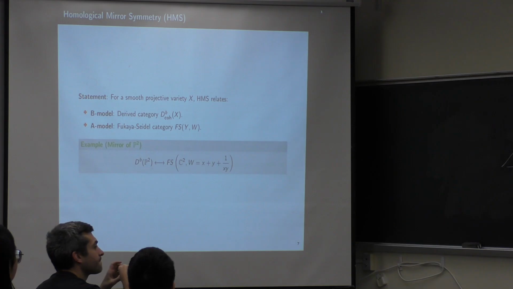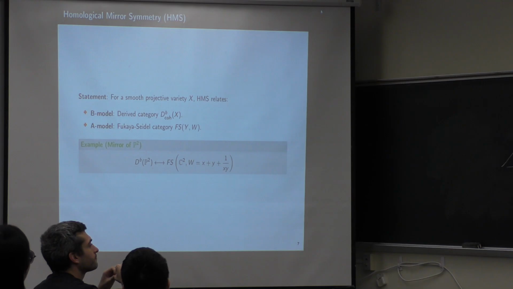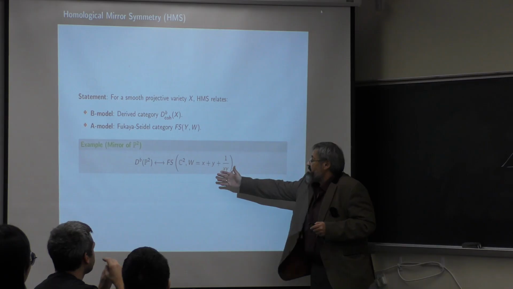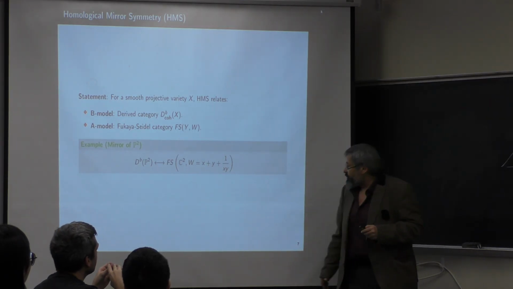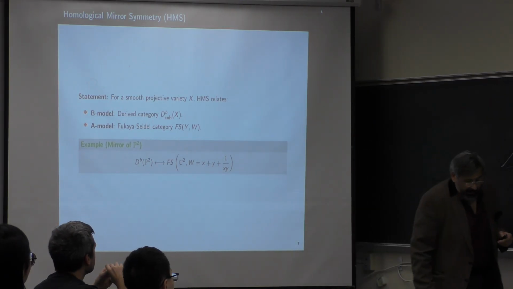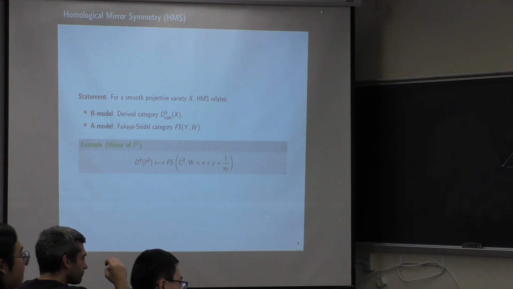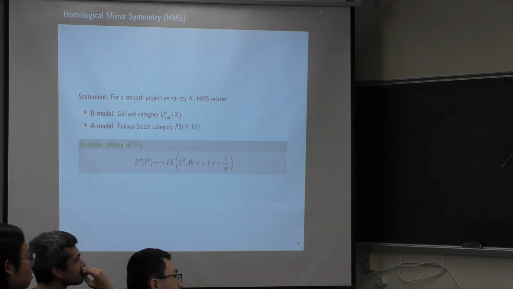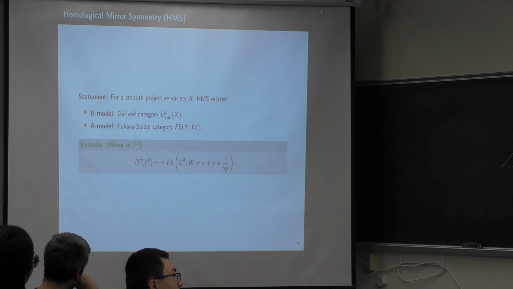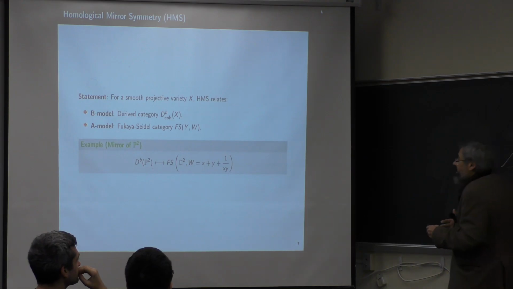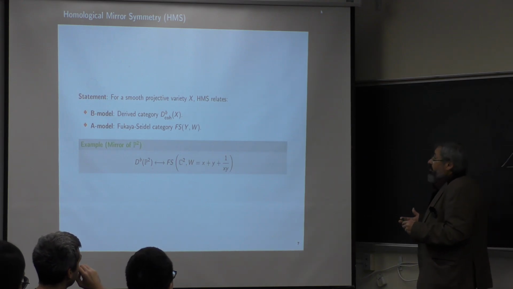So on one side we have an algebraic variety, like P2, and on the other side we have a symplectic manifold, in this case C2, with a potential on it. To this symplectic manifold, we associate a category of Lagrangians, and to the algebraic variety, we associate a category of complexes of coherent sheaves.